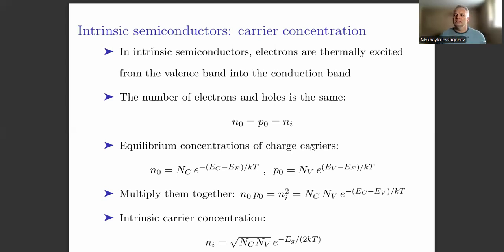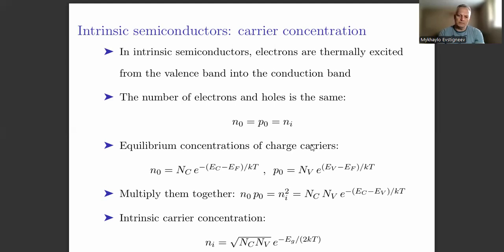Now, 2.3 times kT is not a big number. Typically, the band gap has the value, let's say, 1 electron volt.